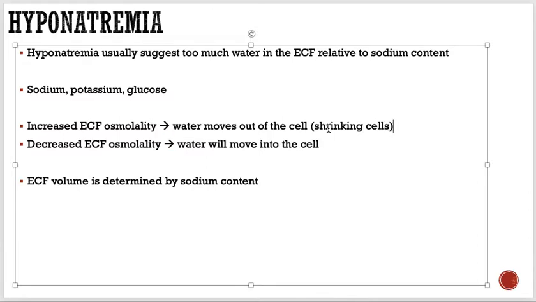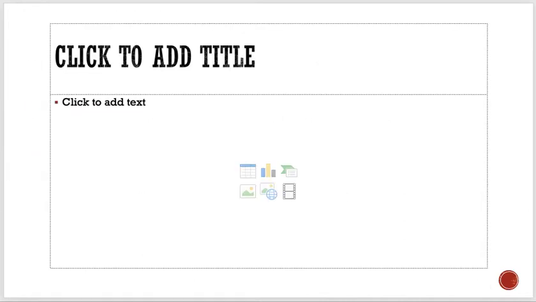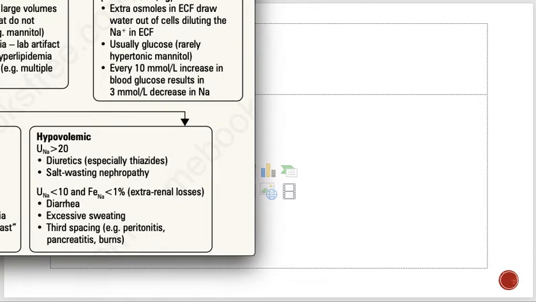On the other hand, when there is decreased ECF osmolality, water will move into the cell, so there will be swelling of the cells, the body cells. It can be brain cells, it can be any other body cells. A very easy concept, guys, not a hard concept to understand. Now, for example, I will talk about hyponatremia.